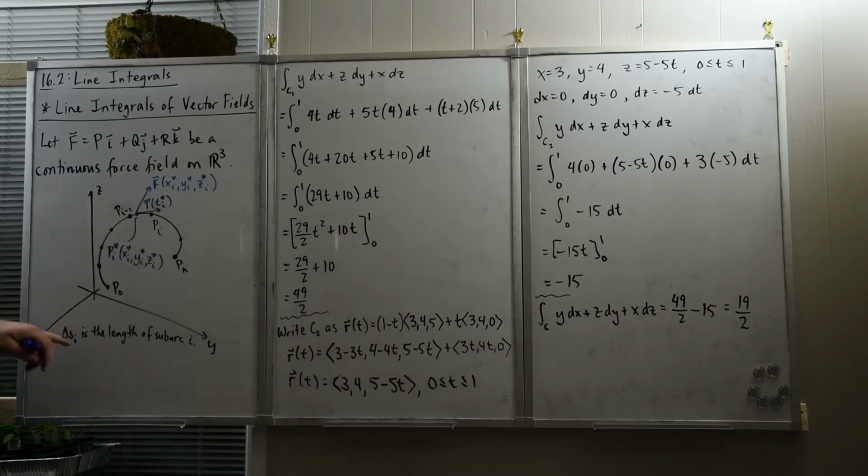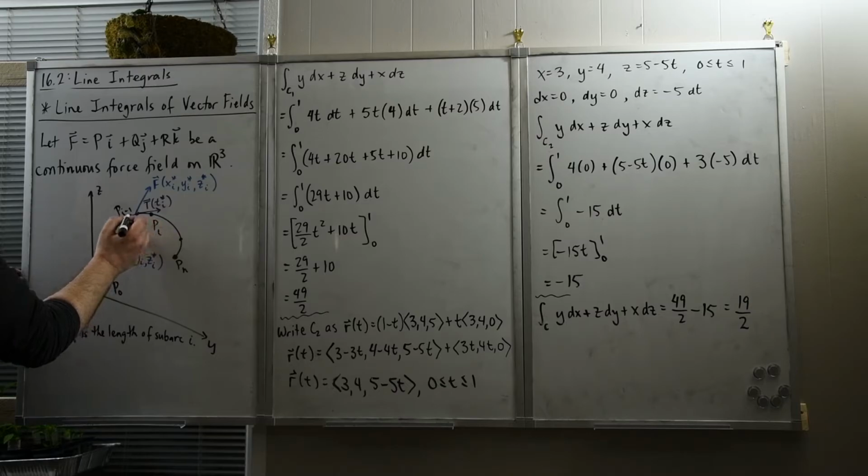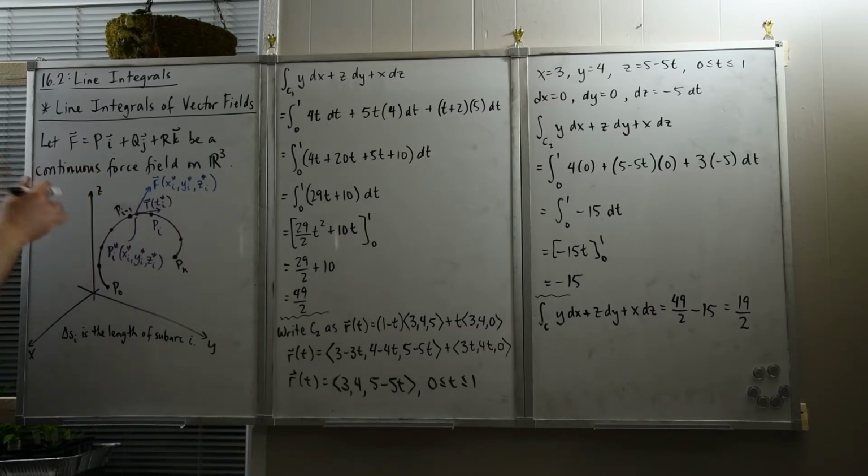Basically, you're taking the displacement vector to have magnitude approximately delta Si, because that's the distance the particle would be moving from here to there, and the direction would be approximately the unit tangent vector evaluated at Ti star.